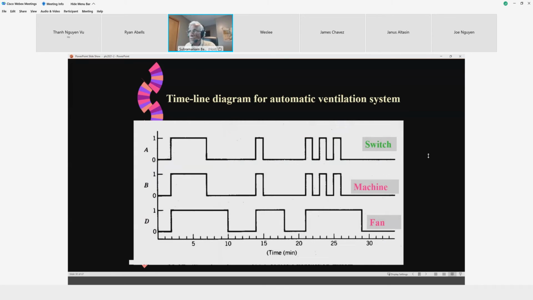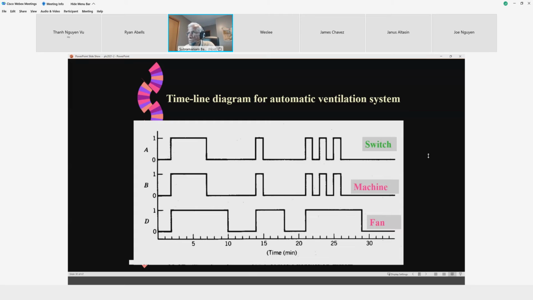Here. Let's go. So A comes on. Machine must come on right away. So A and B rise at the same time. D, the fan, must come on right away. So A, B, D are in sync. Then somebody decided to switch the power off at the end of 7 minutes.